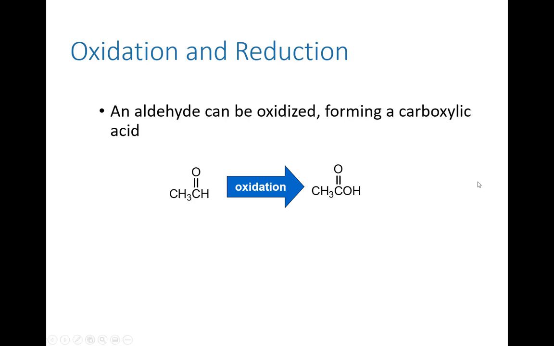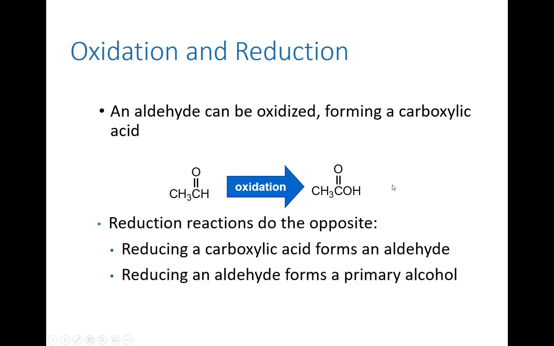Now, we haven't just learned oxidation reactions right now, we've also learned reductions, because any of these reactions done in reverse would be a reduction. So carboxylic acids becoming aldehydes is a reduction, and aldehydes reduce to form primary alcohols.